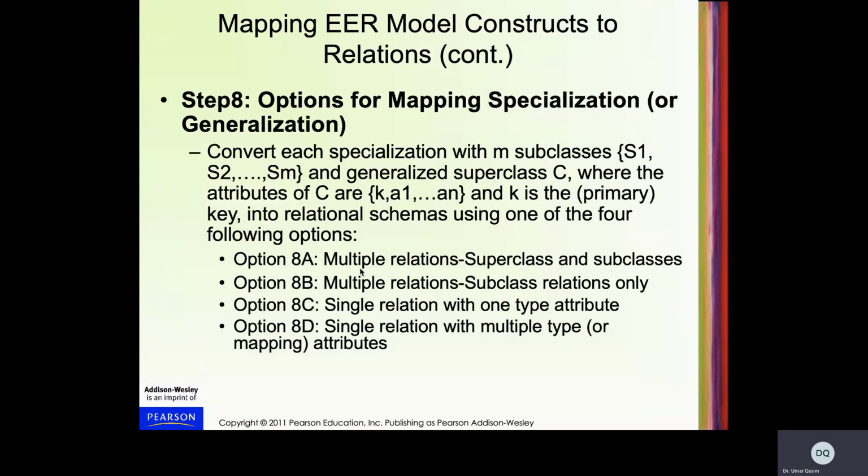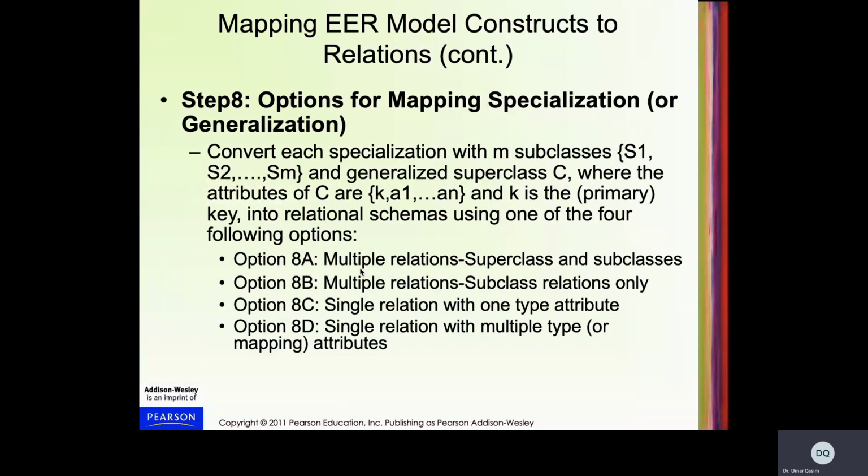Option 8A is we create multiple relations, superclass and subclasses. 8B is we create multiple relations, subclass relations only. We do not create any superclass. In 8C, we create a single relation with one key attribute.